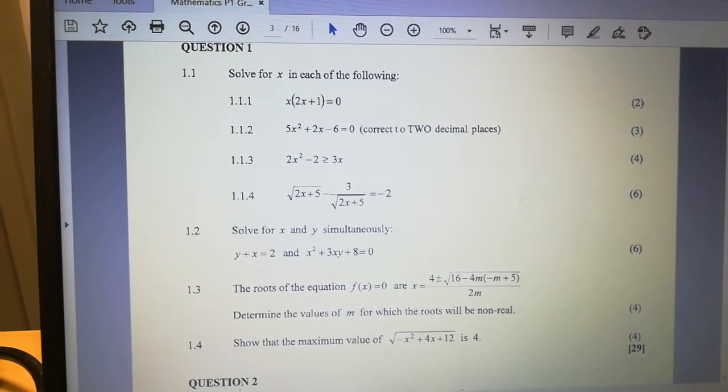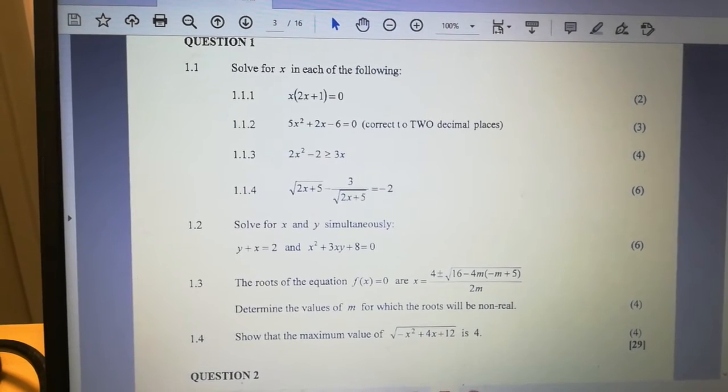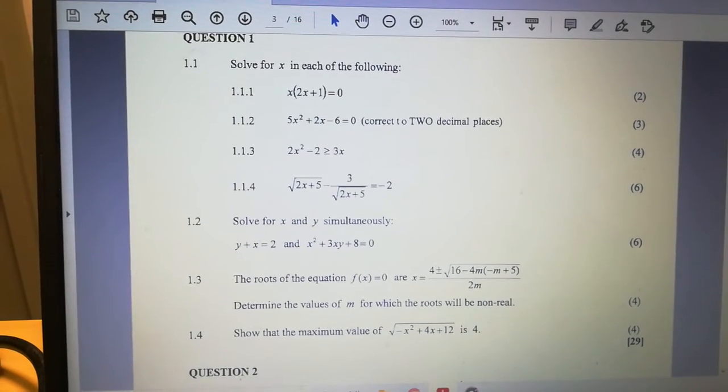In 1.3, you need to discuss the nature of roots of a function. And then the last question might need some critical thinking, and you would need to know your work on functions.